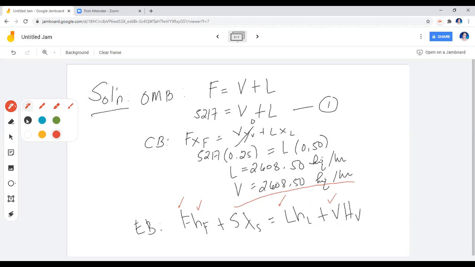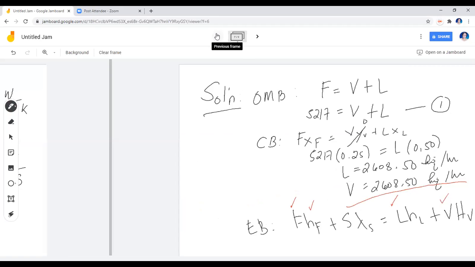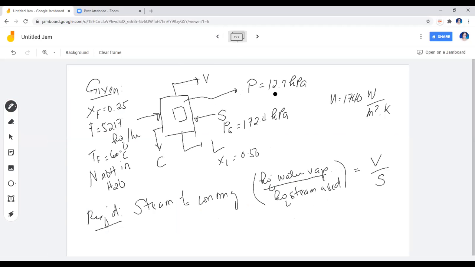So we will go back to what we have learned regarding determining the boiling point of the solution, knowing the saturation temperature. The saturation temperature based on the operating pressure of your column. So if we go back to our problem, our column is operated at 12.7 kilopascal.